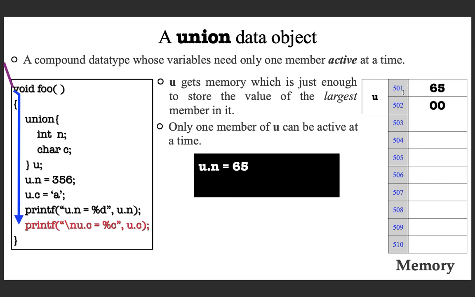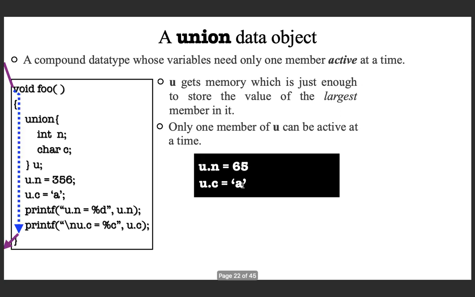So you will be printing the character equivalent of 65, which is A. So now here you see that both u.n and u.c are referring to the same memory location, and because you interpreted this as a number, 65 is getting printed, and here you are interpreting it as a character, and that is why A is getting printed, because 65 is the ASCII value for A.